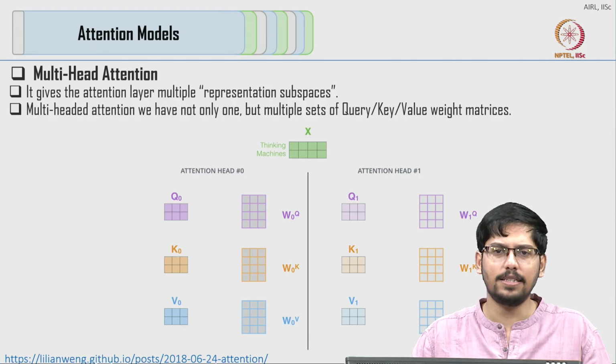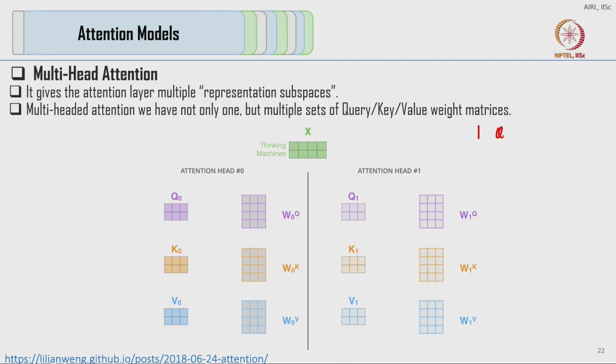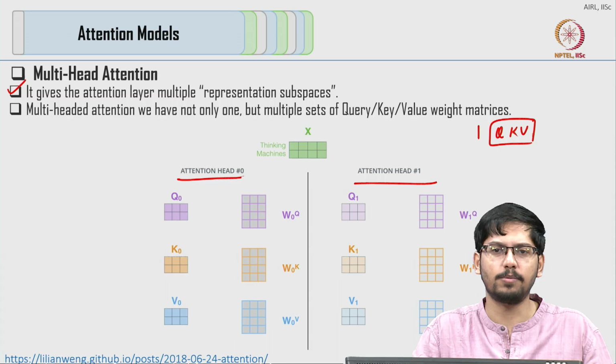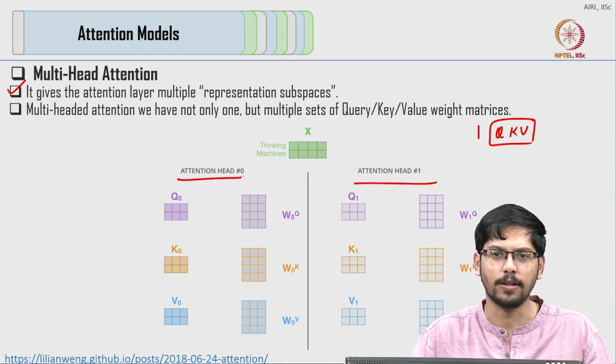Now let us look at the multi-head attention. In the previous case we only had one query key value layer, right, that is why it was single. Now in this particular example, when you have multiple attention heads, which is attention head 0 and attention head 1, the goal is that this gives the attention layer more representation subspaces, which are essentially parallel subspaces where it can explore and learn better, right.